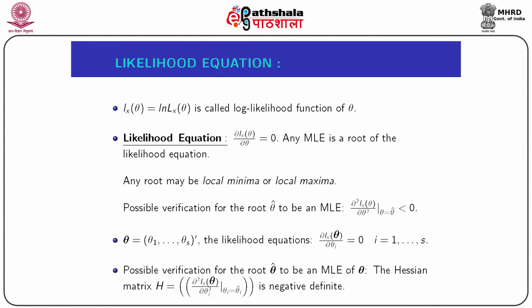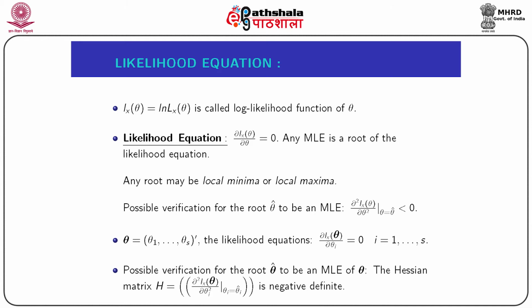As a possible verification for the root theta hat to be a maximum likelihood estimator of theta, we can define the Hessian matrix, which is nothing but the second order derivative of the likelihood or the log likelihood function with respect to theta i, theta j at the point theta i equal to theta i hat and theta j equal to theta j hat for all i from 1 to s and all j from 1 to s.